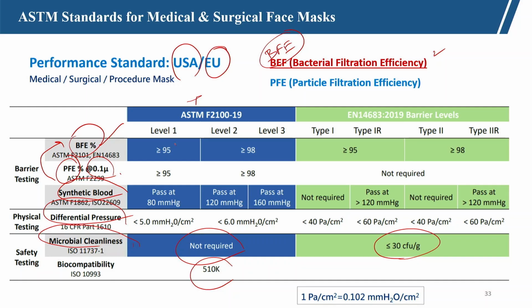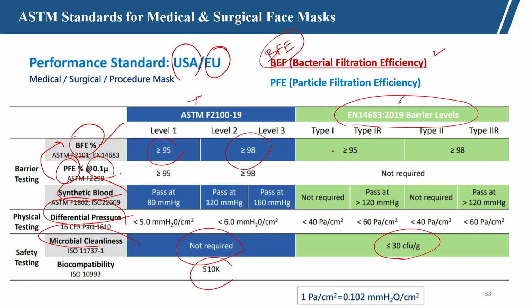In level 1 it should be more than or equal to 95%, and in levels 2 and 3 it should be more than or equal to 99%. Similarly for the European Union, that is EN 14683, developed in 2019, there are barrier levels.